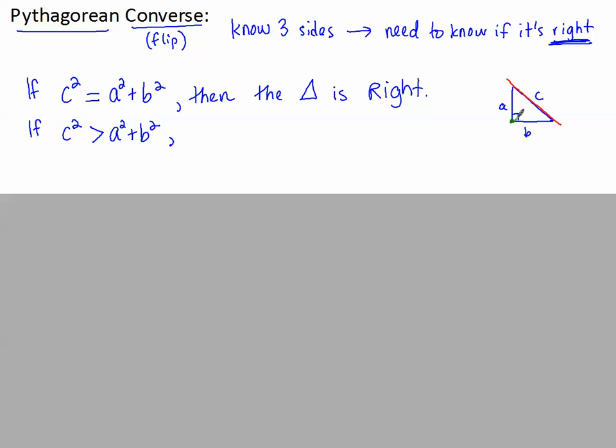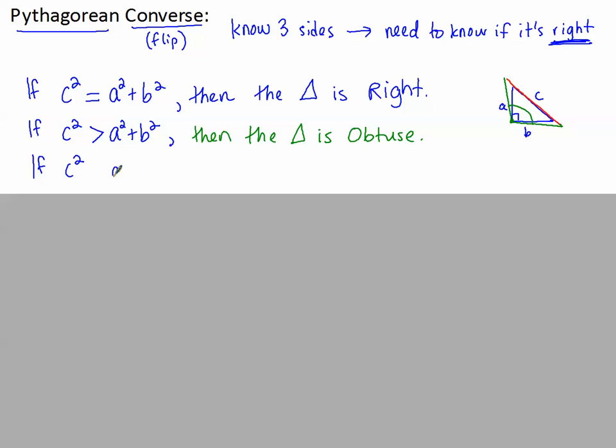They're still going to connect here, but now it has to reach out here and out here. Well, what did I do to that angle? I made it larger than a right angle. So then the triangle is not a right triangle. Now it is obtuse.